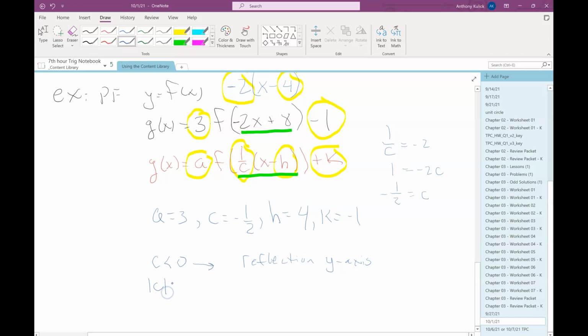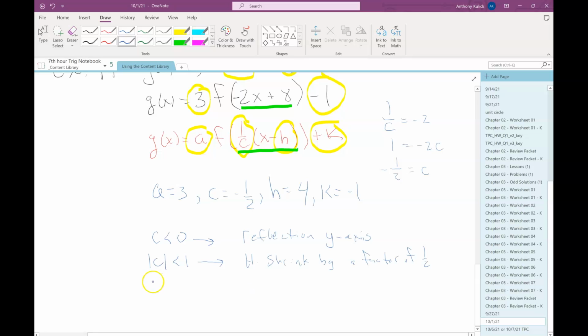And since the absolute value of C is less than 1, I know I have a horizontal shrink by a factor of 1/2. Since my A value is positive, I don't have any reflection across the x-axis.